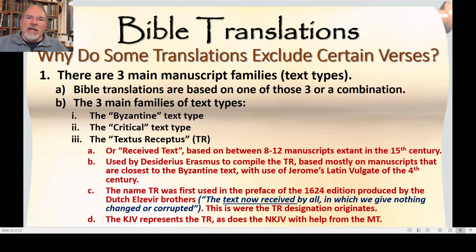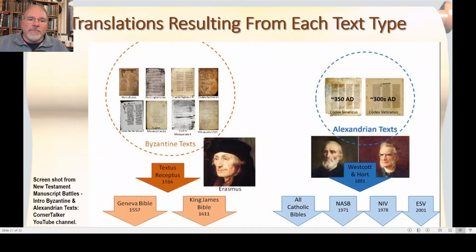So he stayed true to the Textus Receptus as much as possible, and put in many footnotes for the majority text and others. So I think it ended up being a great translation. So this is kind of how it worked out for translations.